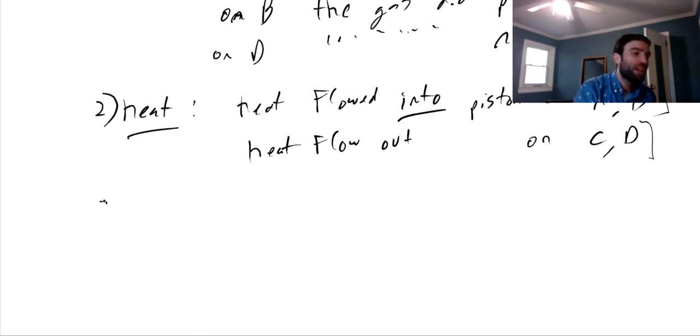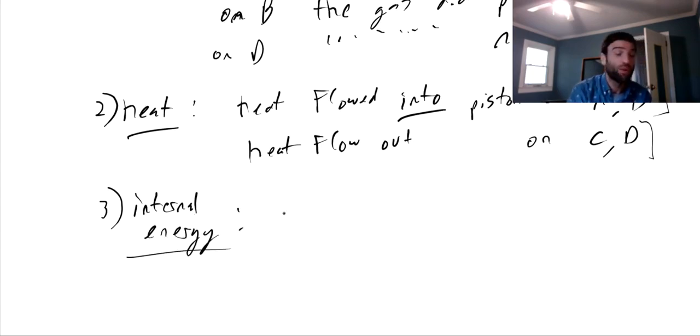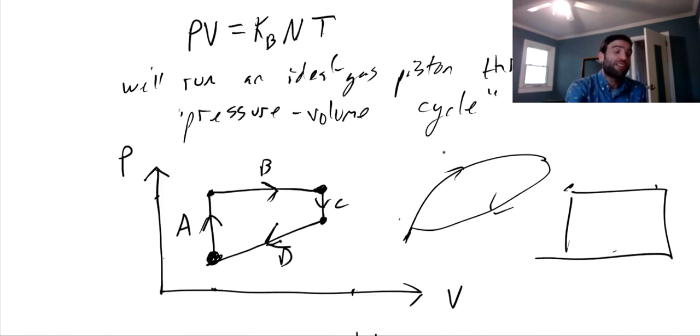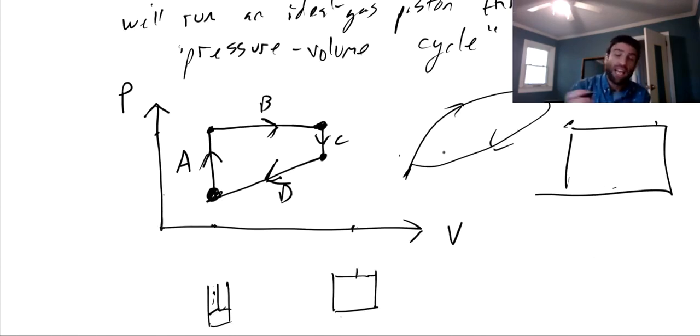Okay. And finally, the internal energy. Well, it increased on segments A and B, and it decreased on segments C and D, right? And at the end of the cycle, the internal energy of the gas has to be back exactly where it started. How do we know that?